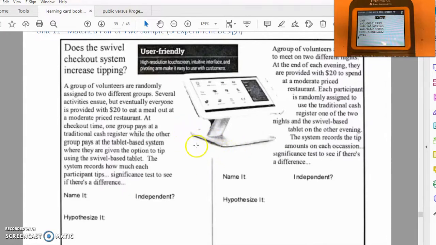And just make sure that you can understand the difference, and it really boils down to that independence question, and then it impacts how you hypothesize it and which test you're going to run. All right, and in the learning card, just calculate the little p-values, and let's see what we got from there.